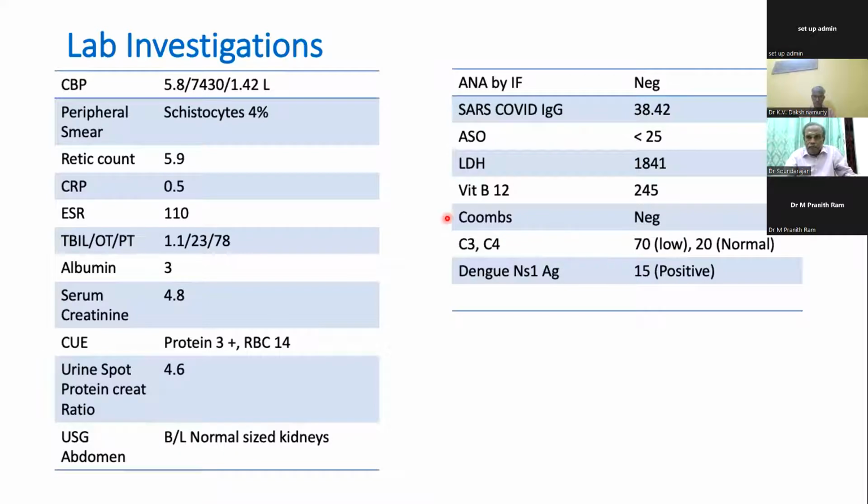C3 was low and C4 was normal. Subsequently, his dengue antigen was found to be positive. He actually satisfies the criteria for MAHA and also AKI. So, in the setting of low C3 levels, we can label him as atypical HUS.